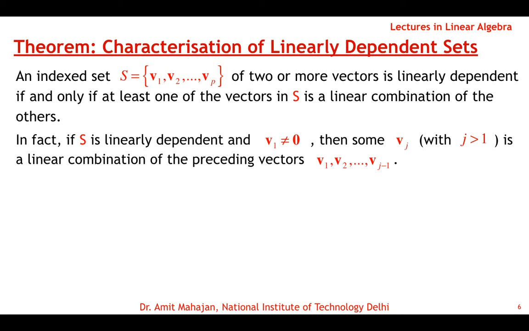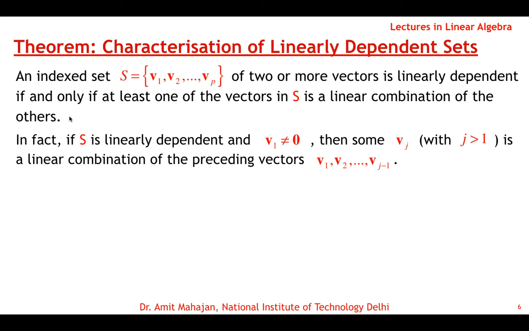Now we take this theorem, which is the characterization of linearly dependent sets. It says that an indexed set S of vectors v1, v2, ..., vp of two or more vectors is linearly dependent if and only if at least one of the vectors in S is a linear combination of the others.